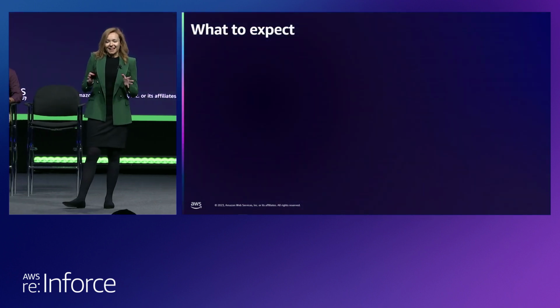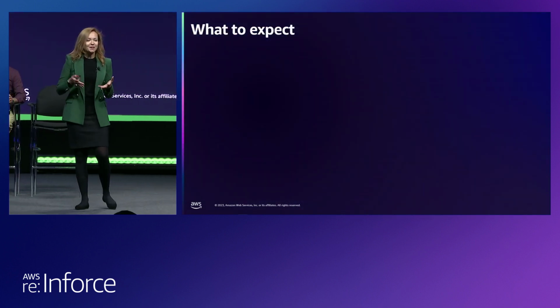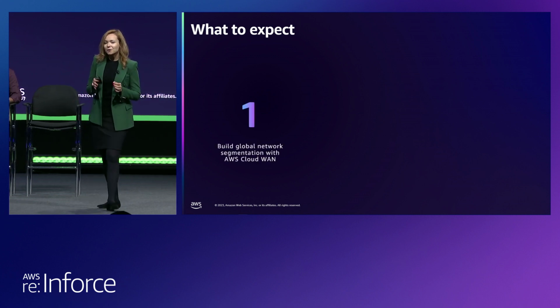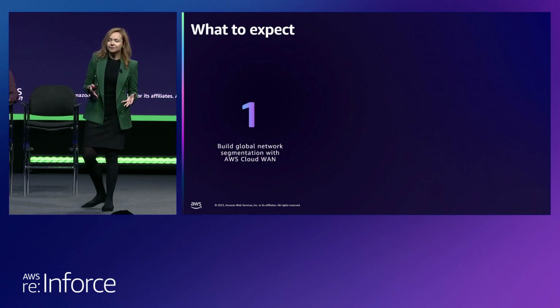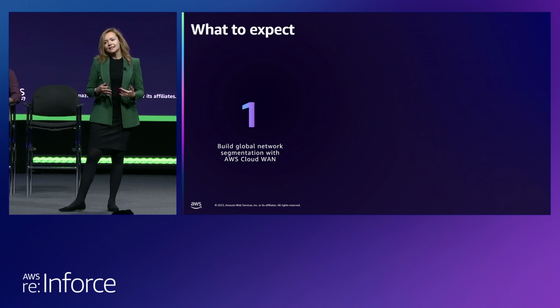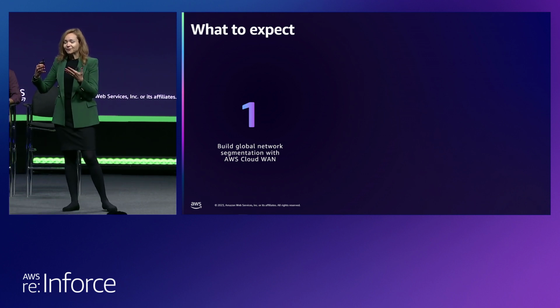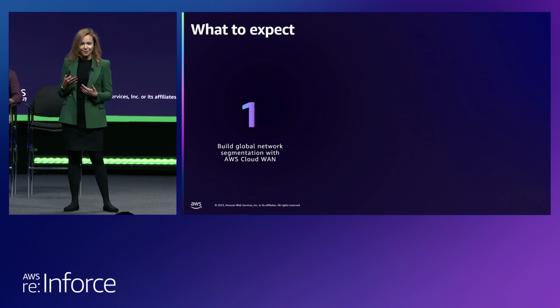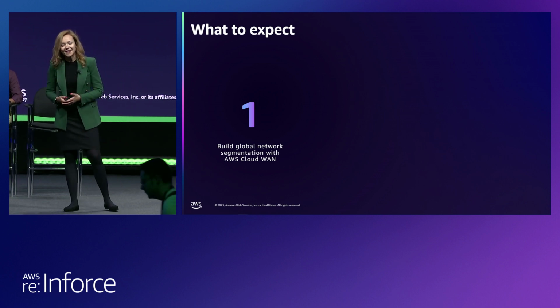Now that we've cleared the housekeeping items, let's see what you folks are going to be looking at in the session today. First, we will start by building a global network that is segmented as well with AWS Cloud WAN. We're going to see that building a secure global network and security strategy starts with a layered approach, right? So we're starting with Cloud WAN.